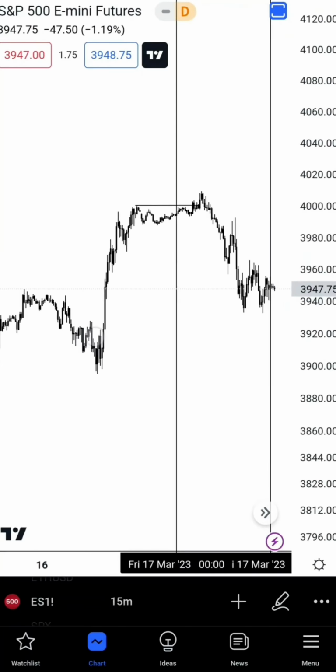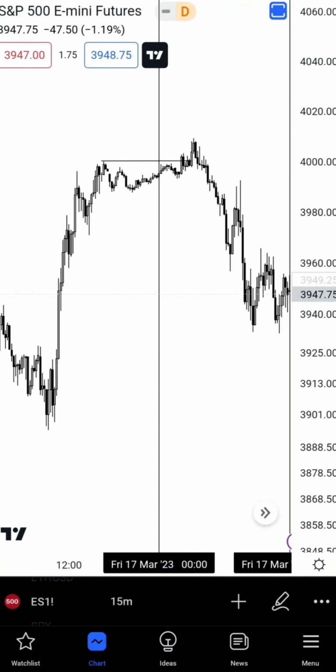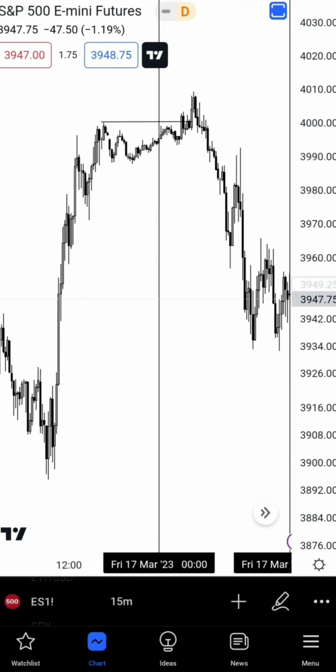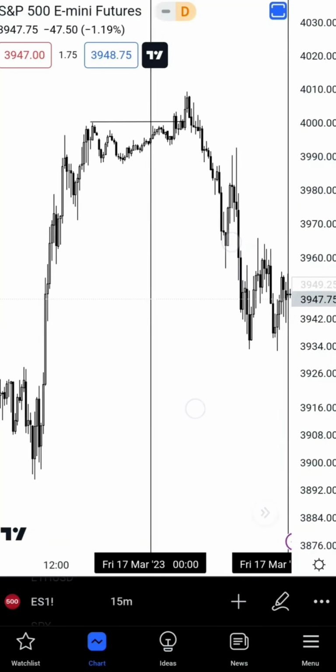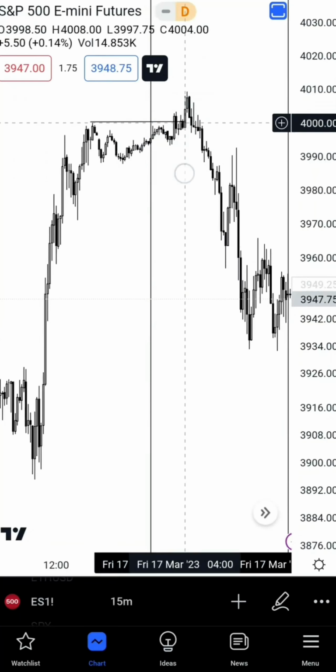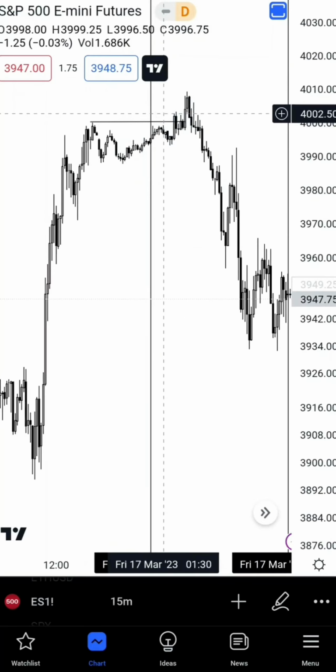But it's not reasonable to expect an extension of the range. It's more reasonable to expect a reversal, at least to mark the weekly high. Because as we know, Monday, Tuesday, Wednesday will mark the low of the week, and Thursday, Friday will usually mark the opposing end of the range of the week. All right?